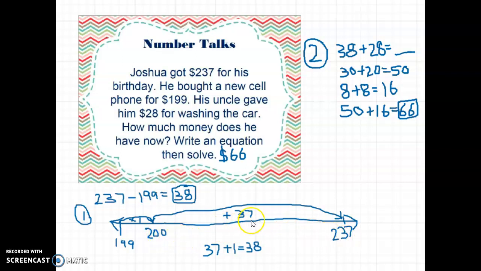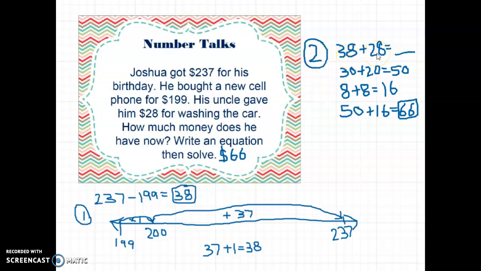So 200 plus 37 equals 237. But I'm not done yet. I have to add my jumps. So my jumps were 37 and 1. So that's why down here I added 37 plus 1, and that gave me 38, which is right here. Now that brings me to step 2. So I'm going to take this answer, 38, and bring it over to step 2.